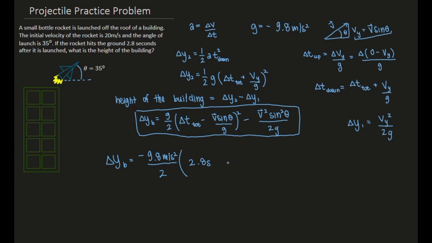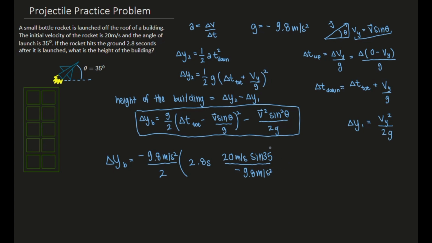So at the end, we should just have meters if we've done this correctly, because all the other units will cancel. So this velocity here is 20 meters per second times the sine of 35 over negative 9.8 meters per second squared.